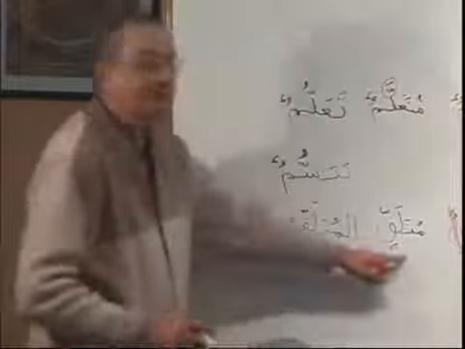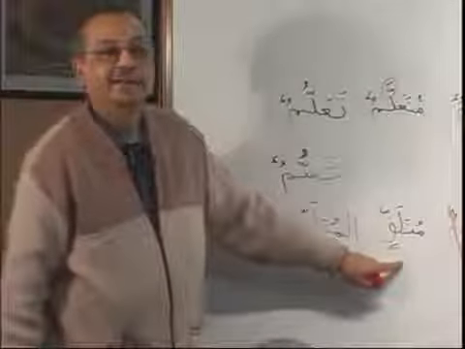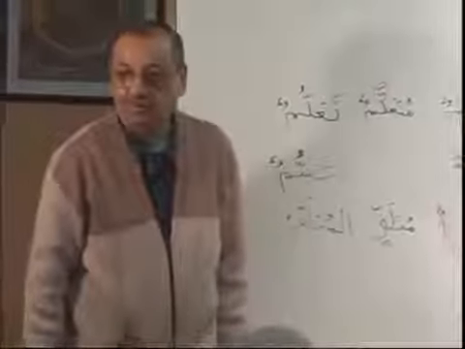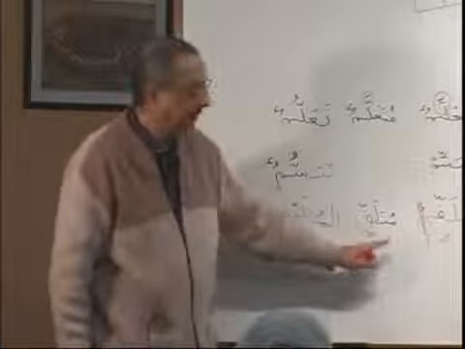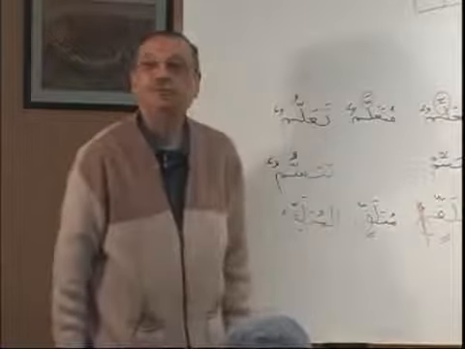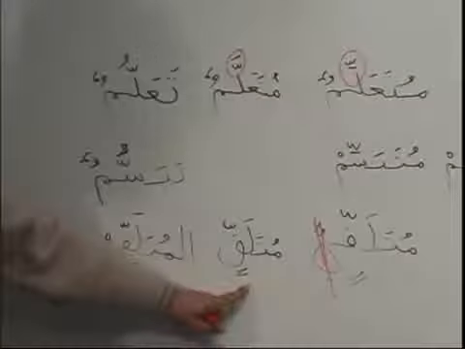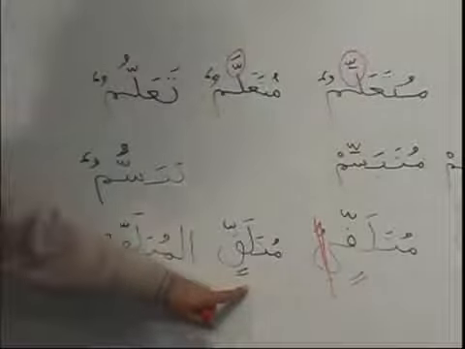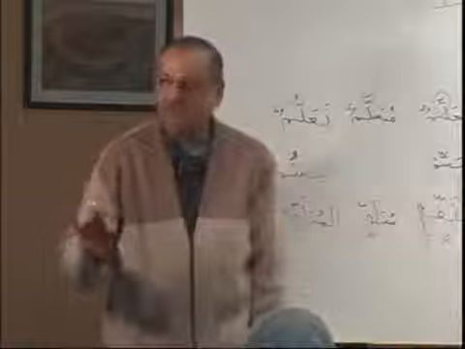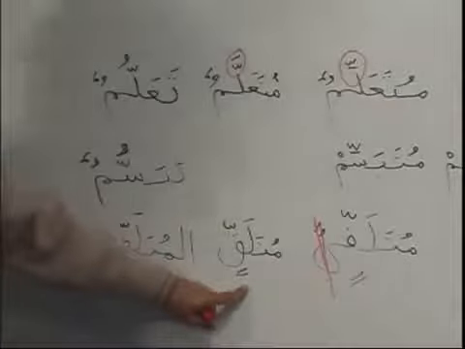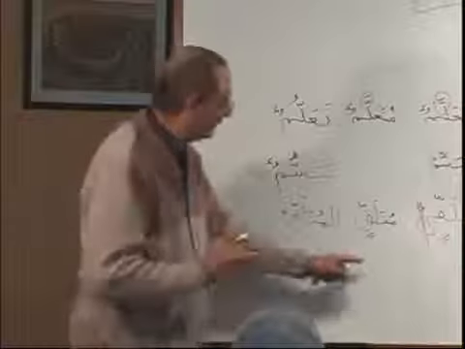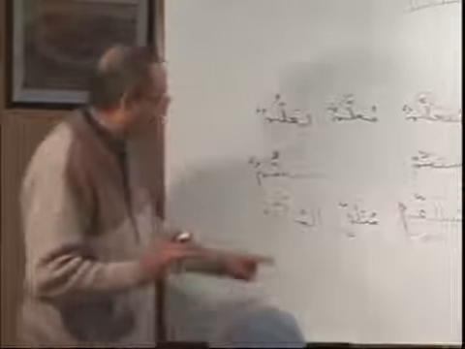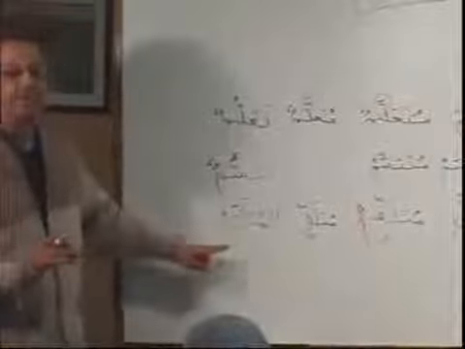Okay, how do you describe this? Ismun marfu'un. It's marfu'. Of course it is ism fa'il. Ismun marfu'un wa alamatu raf'ihi ad-dammatul muqaddara al-ya'i al-mahzufati. This, inshallah, you'll get comfortable with. Because you dropped the ya, it was supposed to be there on top. And now here how will you say?